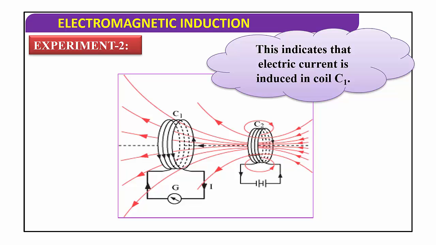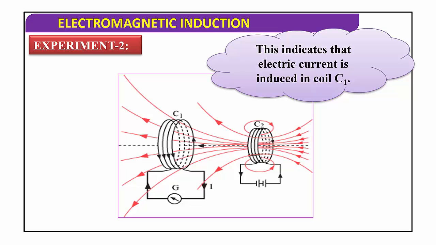When the coils are in relative motion, then the magnetic field changes, electric current is generated, and that current is present in the first coil until the coil is in motion. If they are at rest, then there is no current. Is it clear? So this is all about experiment 2.